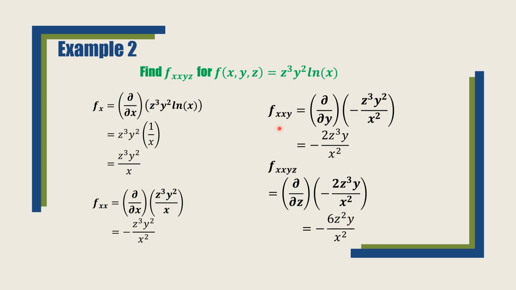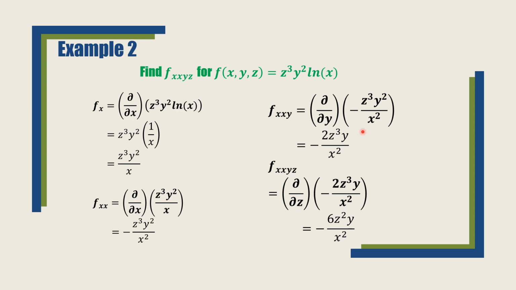Let us proceed to deriving in terms of y, which is the third variable of f sub x sub x sub y sub z. We have to derive in terms of y now. Replace with the partial derivative with respect to y. From the second step, we came up with negative z cubed y squared all over x squared. By deriving in terms of y, those terms which do not have y will remain constant.